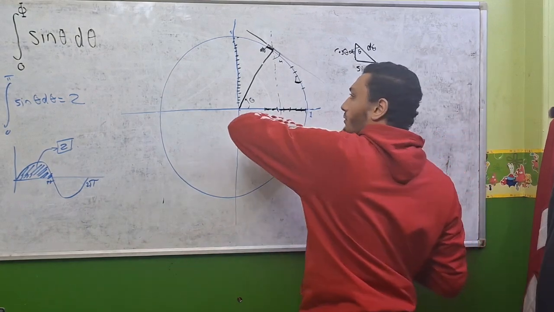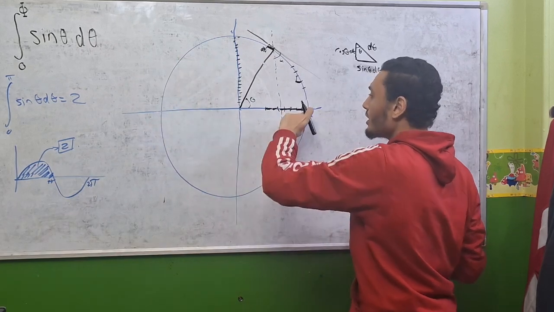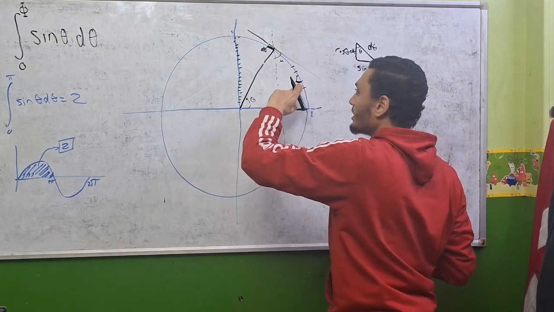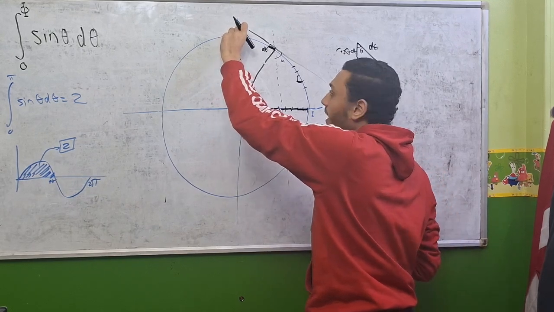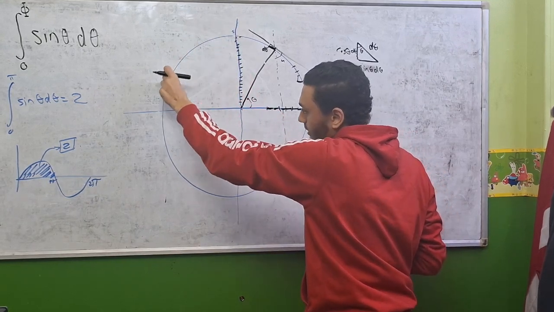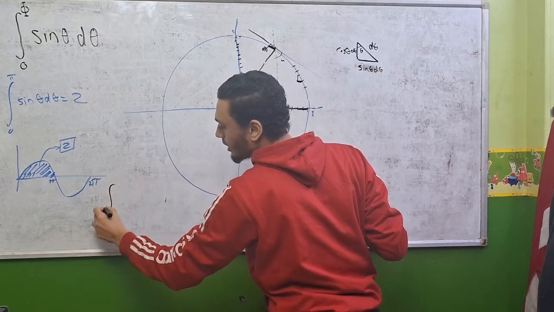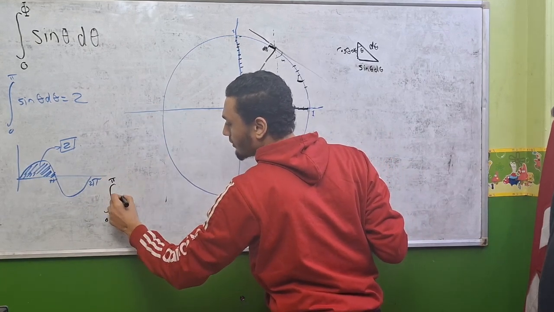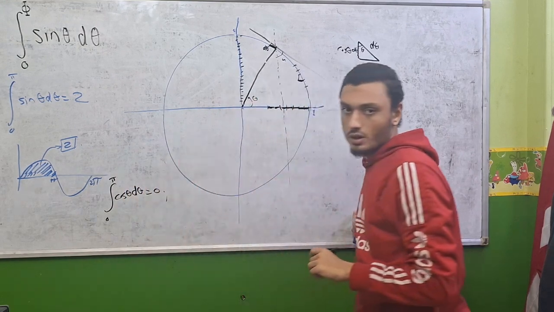So from 0 to pi, you increase until here, pi over 2, and decrease until here, 0. So the integral from 0 to pi of cosine theta d theta is equal to 0.